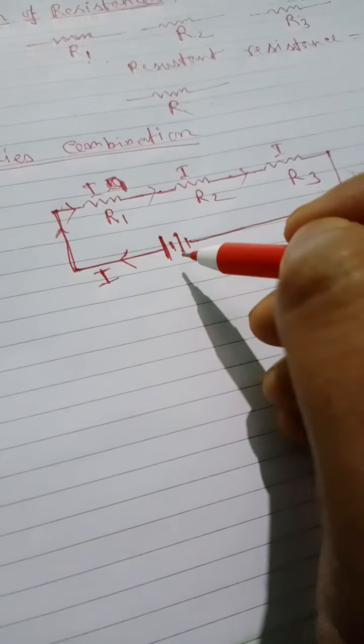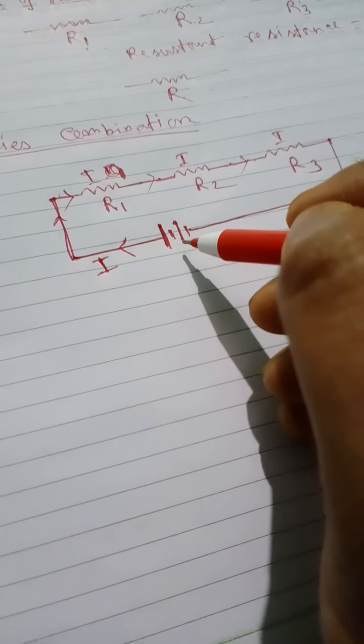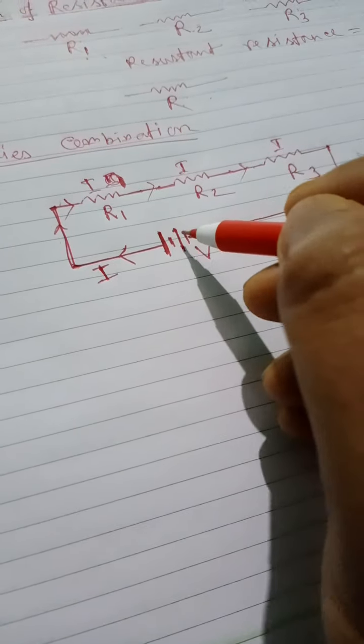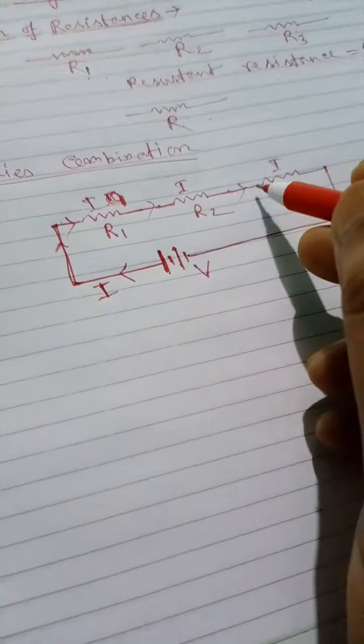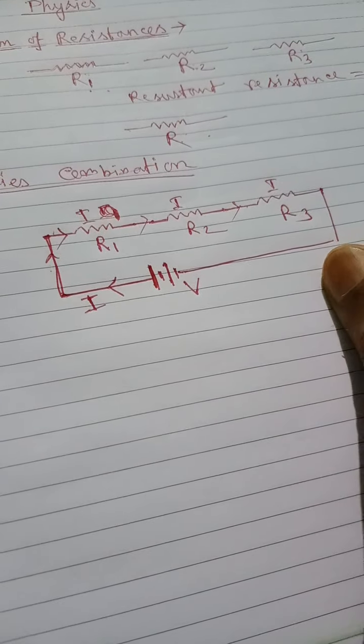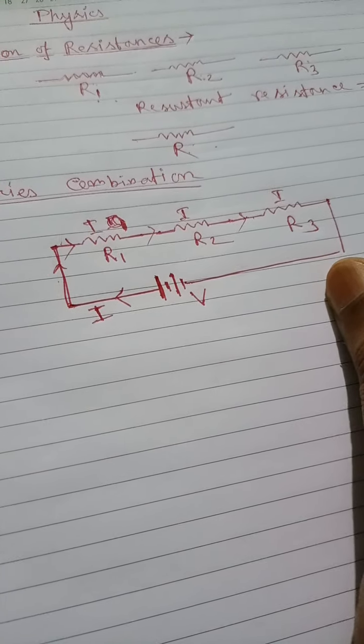Here V is the potential difference or voltage supplied by the battery. Then through the three resistors the same current I will flow. So for the series combination, the same current will flow through each and every resistor.